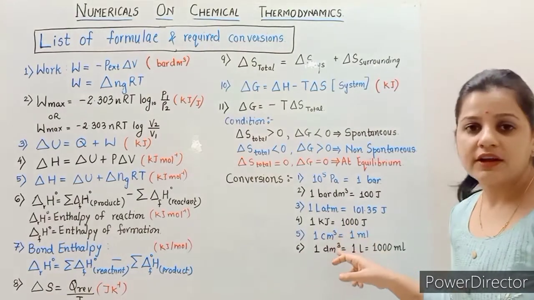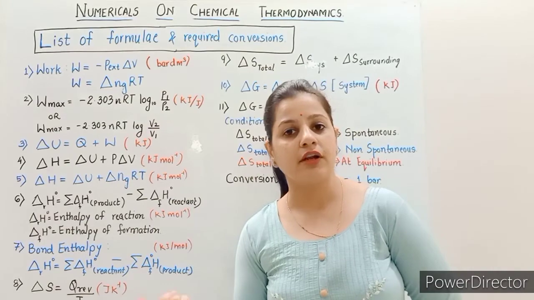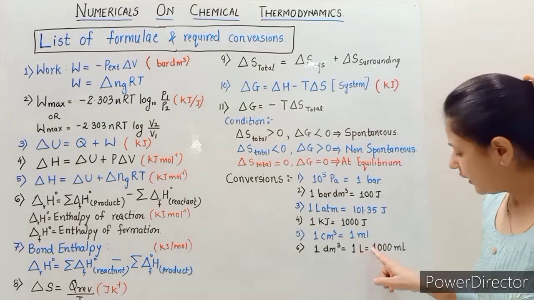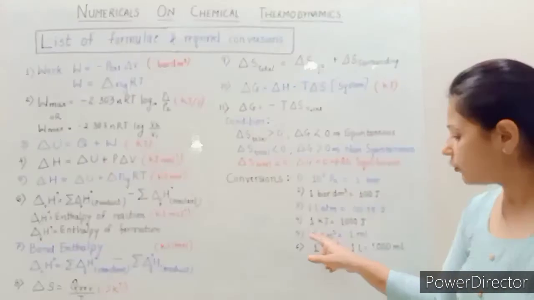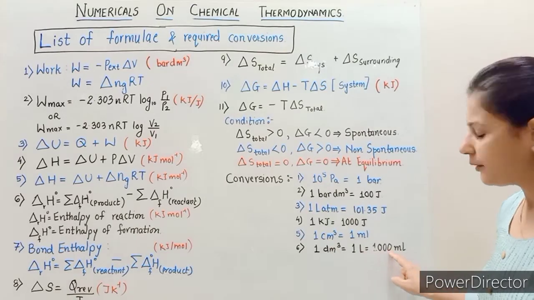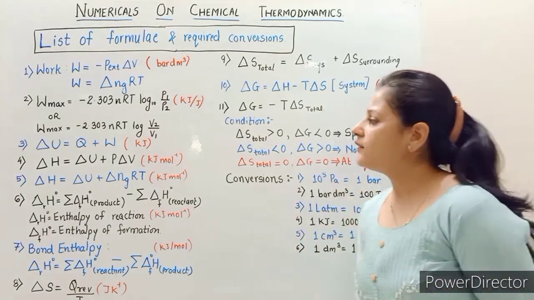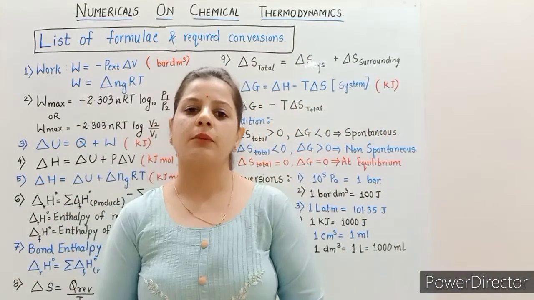If it is given in centimeter cube, you have to convert it into decimeter cube by multiplying it with 10 raised to power minus 3, because 1 decimeter cube is equal to 1 liter, that is 1000 ml, and 1 ml is 1 centimeter cube. So you multiply by 1 into 10 raised to power minus 3. These formulas and conversions will be needed to solve the numericals on chemical thermodynamics.